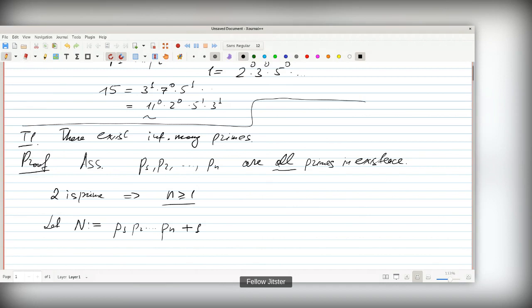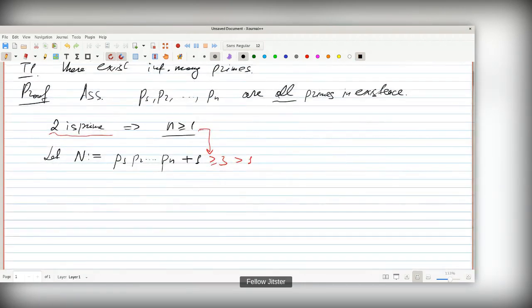So what can we say about it? Clearly, this number is at least 3, because in this product we have 1, so it is at least 3, or anyway it is greater than 1.